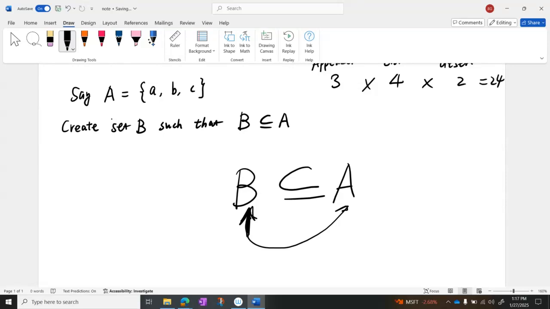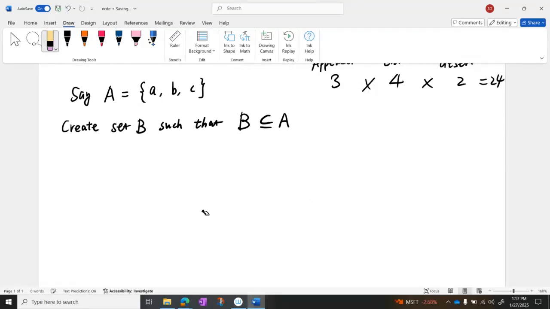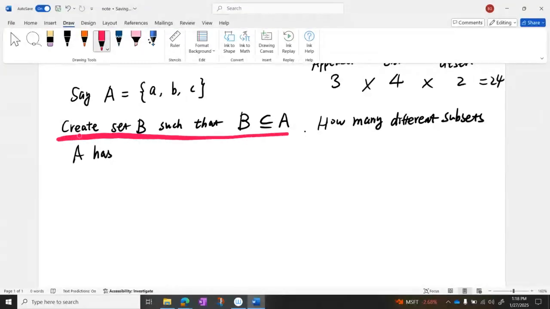If all the elements in B are also elements in A, then B is a subset of A. Here, our task is to create a subset for A. And we want to know how many different subsets we can create for A, or A has. All right, so let's focus on this task. Create a subset for A. We use B to represent the subset.